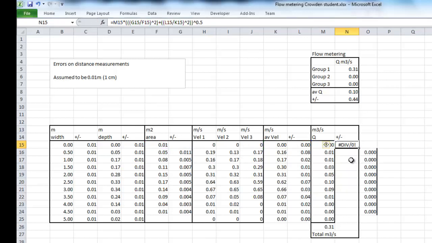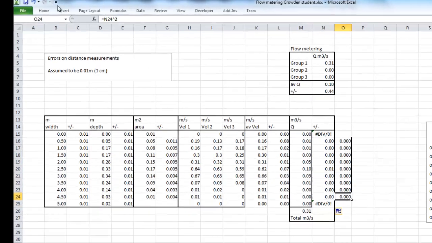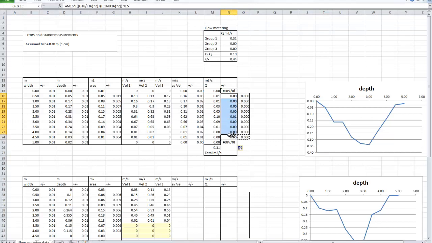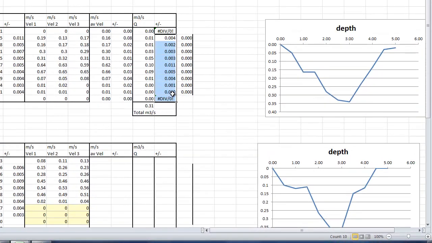We get a division by 0 because the 0 is in there, but if we copy it down, we get the errors, and we should put those to 3 decimal places as well. Then we need to work out the total error, so we need to sum the errors on each of the panels together, and when we're summing errors we square them and then add them together and then take the square root.